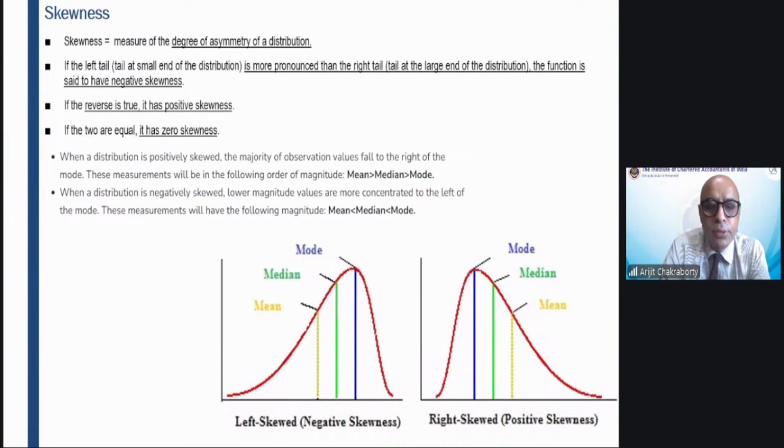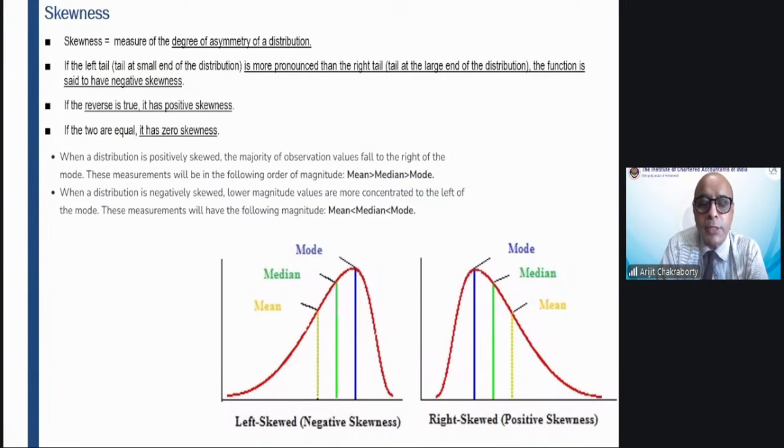So when mean is in the first position, that means mean is the lowest, median is the middle, and mode is on the right hand side. That means modal value is the highest here. The highest value you can see. So this gives us a skew towards the left. It tapers the tail. You can see the tail of the curve lingers and extends to the left hand side.